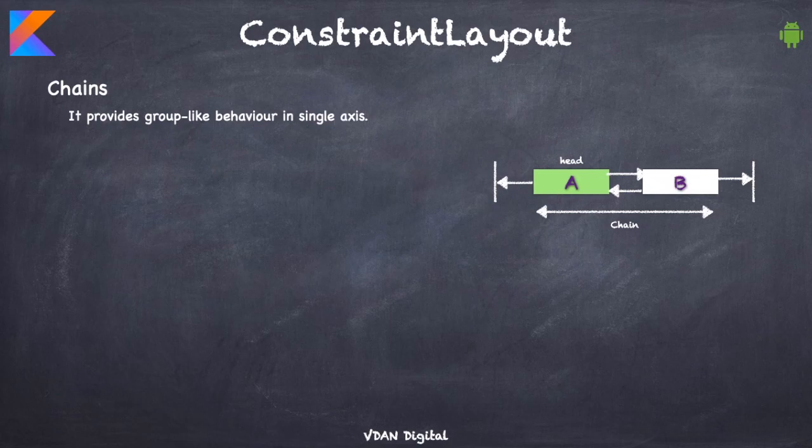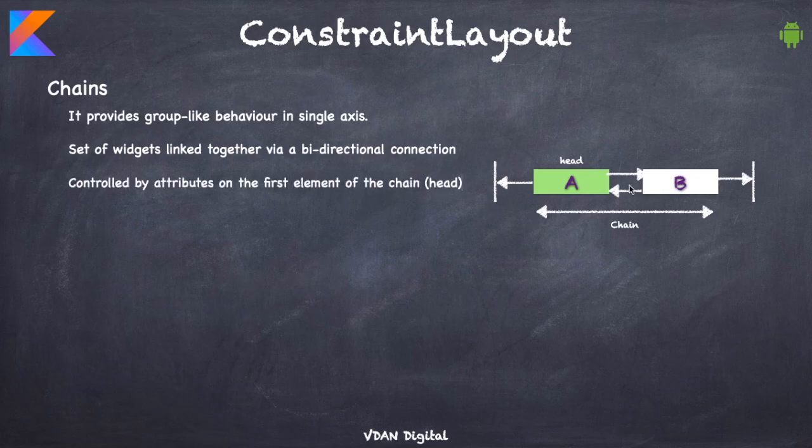And what is chains? Chains provide group-like behavior in a single axis. You can set the chains horizontally or vertically. This set of widgets is linked together via bidirectional connection. And also chains are controlled by attributes on the first element.